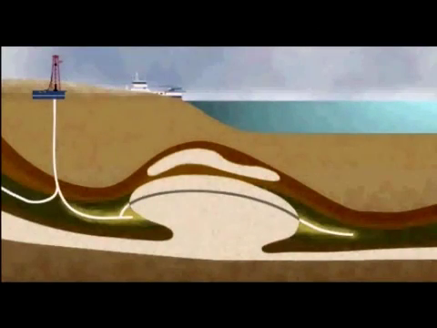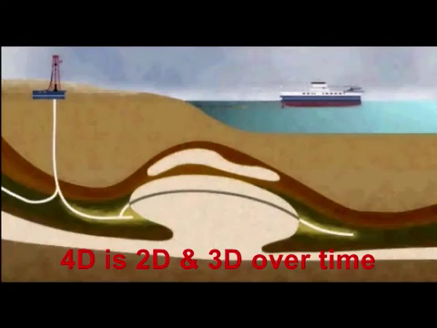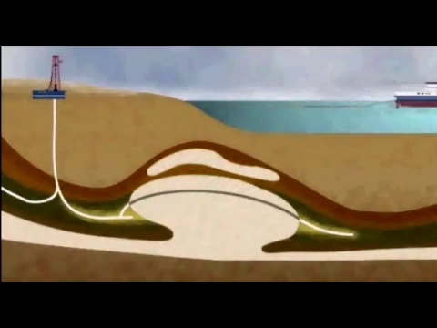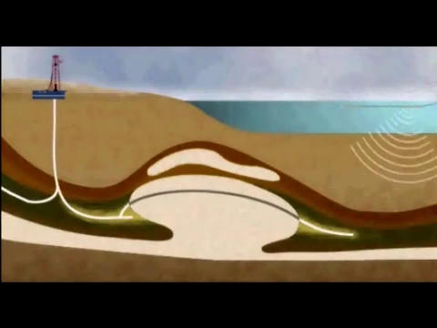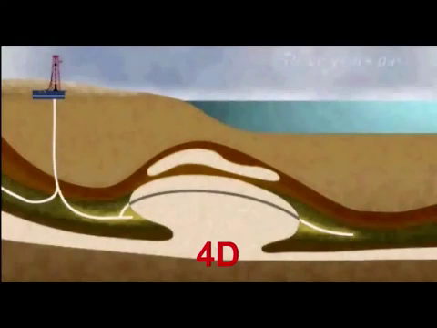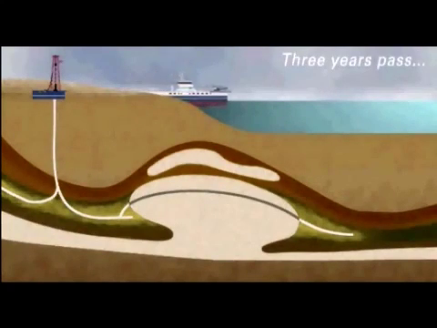In 4D maps, we compare 2D and three-dimensional maps over time. Let me give you an example. Here we have a producing field with its pertinent data represented in an image. In 4D, we look at that same field 3 years later, maybe after we have extracted oil from the formation and have more exact data.